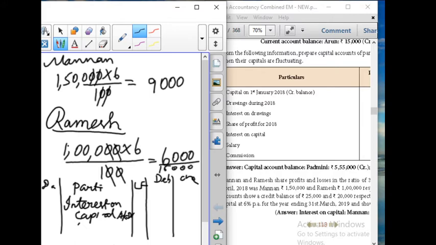So it's a debit side. 15,000 to Mannan's capital account and to Ramesh's capital account, 9,000 and 6,000. Okay, so interest on capital. You understand? Okay. Next we move.